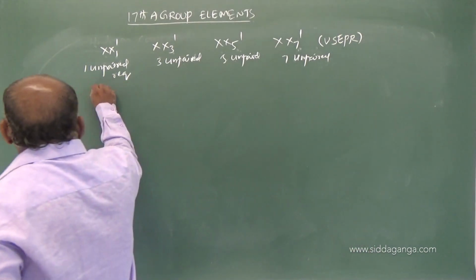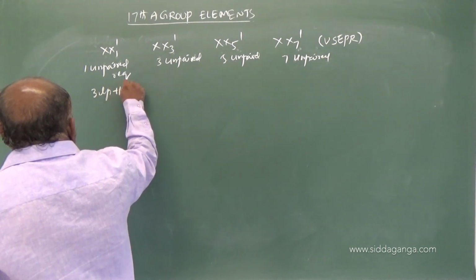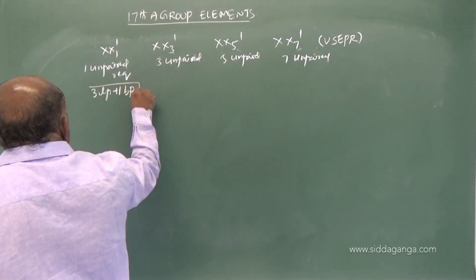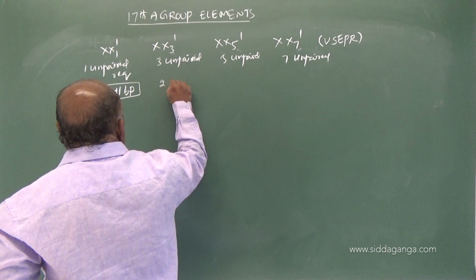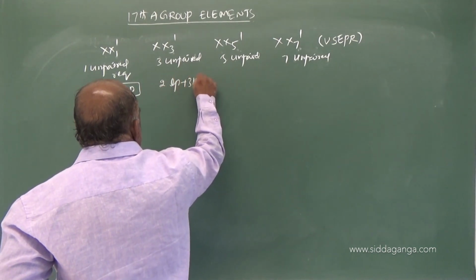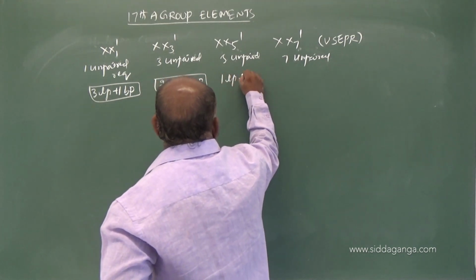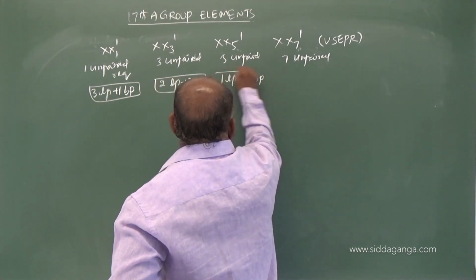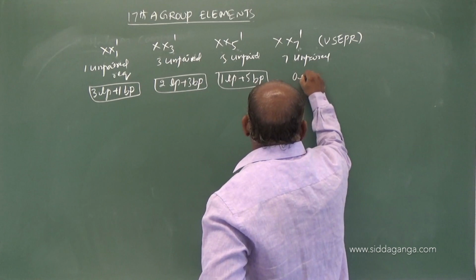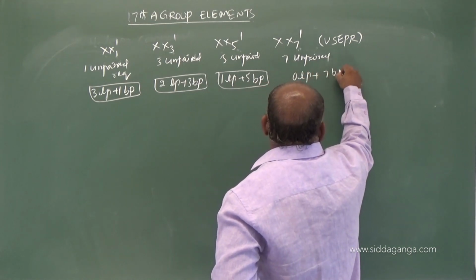Here 3 lone pairs plus 1 bond pair, here 2 lone pairs plus 3 bond pairs, here 1 lone pair plus 5 bond pairs, here 0 lone pairs plus 7 bond pairs.